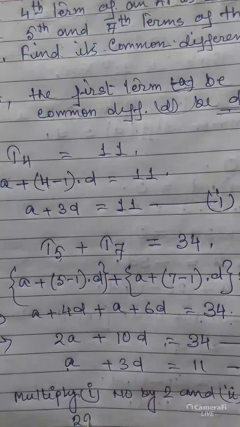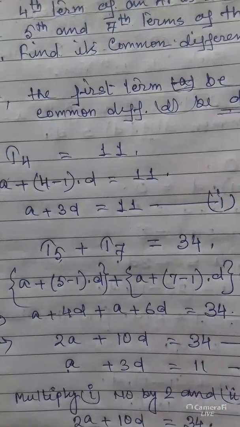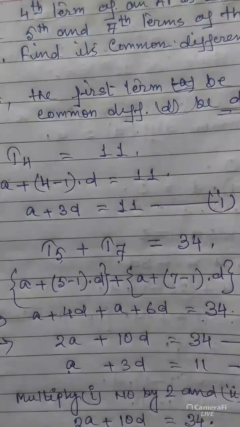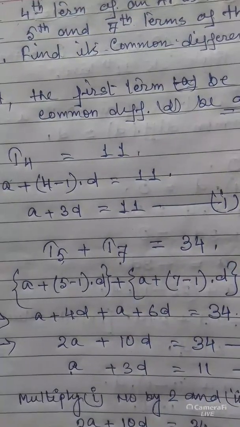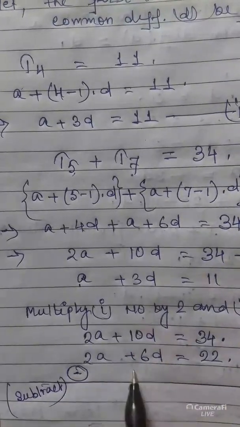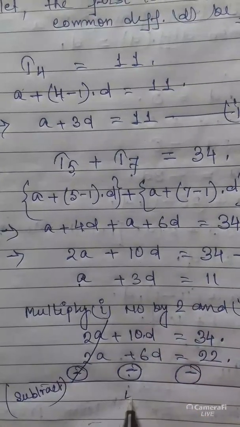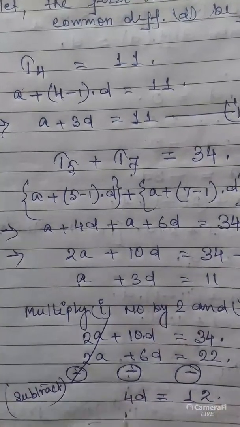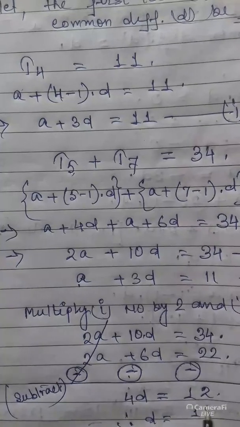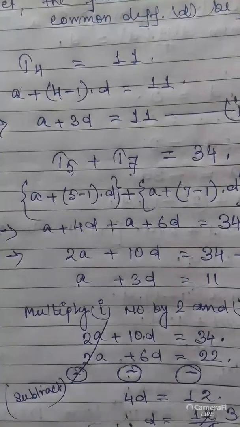So we get 2A plus 10D equals 34 and 2A plus 6D equals 22. Now subtract, changing the sign. 2A cancels, 10D minus 6D, 4D equals 12. Therefore D equals 12 by 4, which is 3. The common difference equals 3.